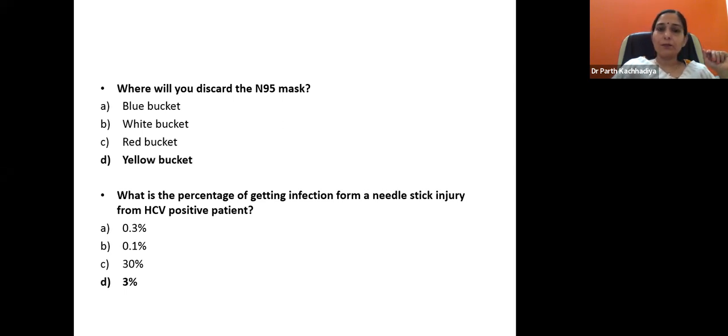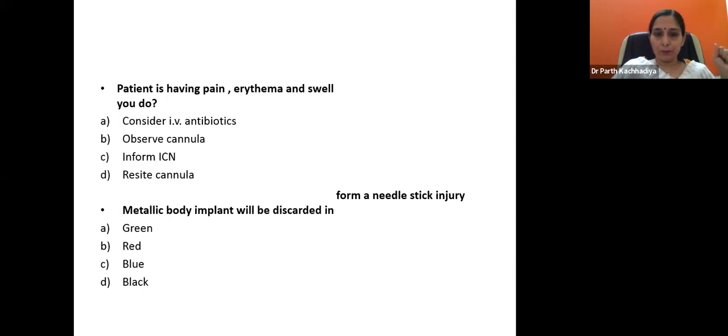So the answer is, for discarding the N95 mask, yellow bucket is the answer. And the percentage of getting infection with HCV is only 3%.